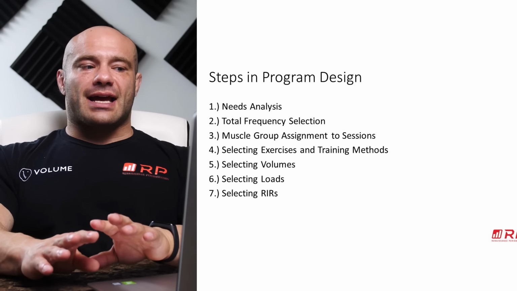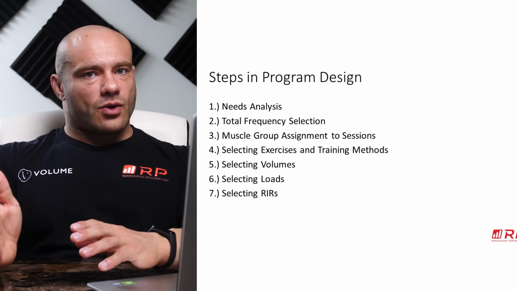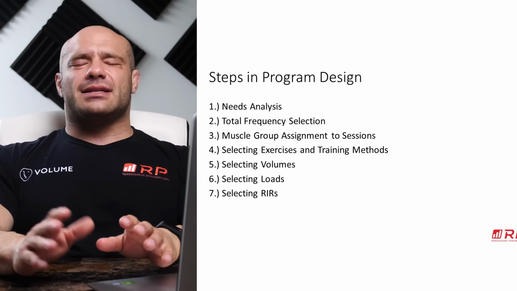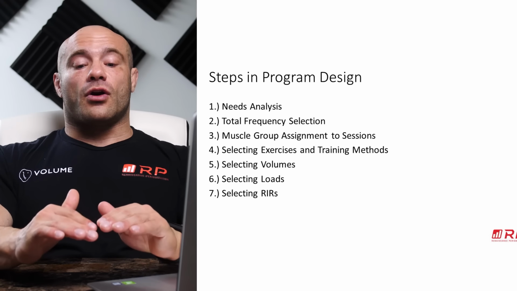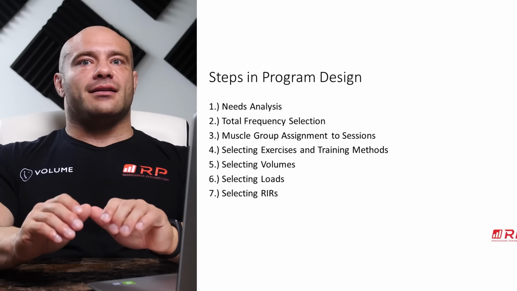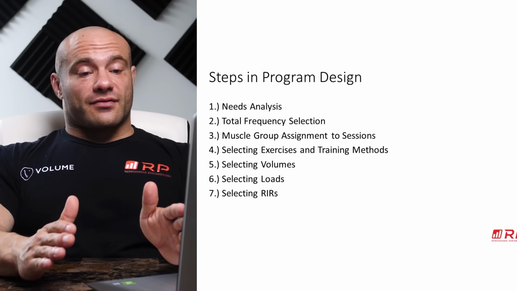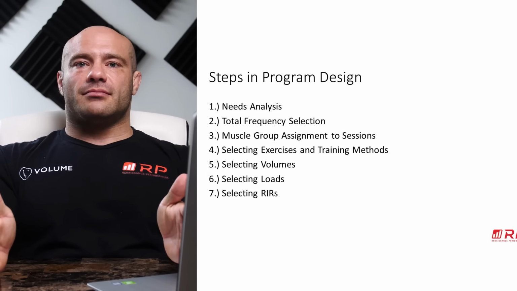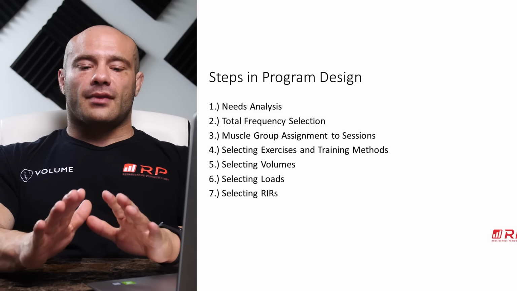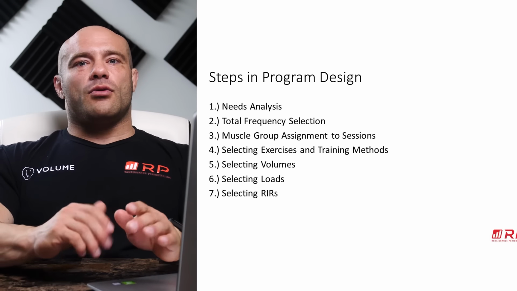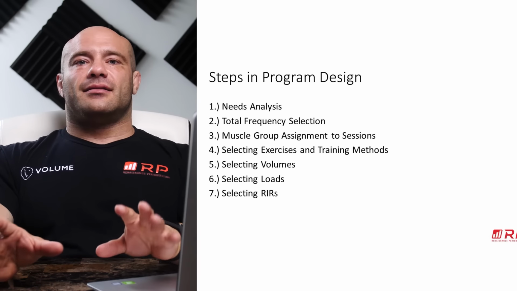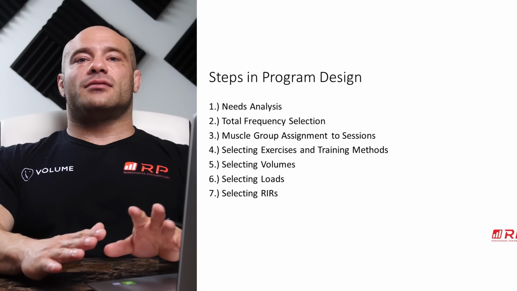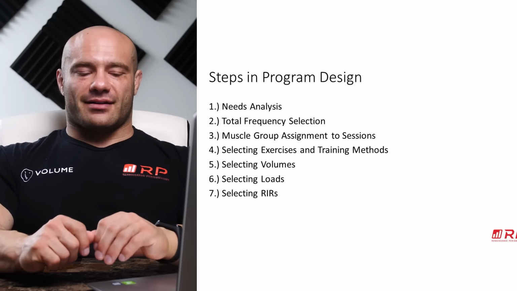Point 6, second to last, is selecting the loads we'll be using, again in week 1. And then 7 is selecting reps in reserve, how far away from failure we're going to be, again in week 1. At the conclusion of this entire thing, we'll have built a program, and you will have hopefully as well, that's ready to go. But it's ready to go for 1 week. And after that, lecture 32 will take over to show us how that program will be modified.